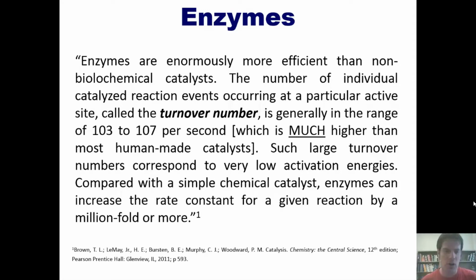Such large turnover numbers correspond to very low activation energies. When compared with a simple chemical catalyst, then, enzymes can increase the rate constant for a given reaction by a millionfold or more." Simply stated, in the immortal words of a biochemistry professor that I once had named Dr. Steve Ost, nature is the greatest chemist.